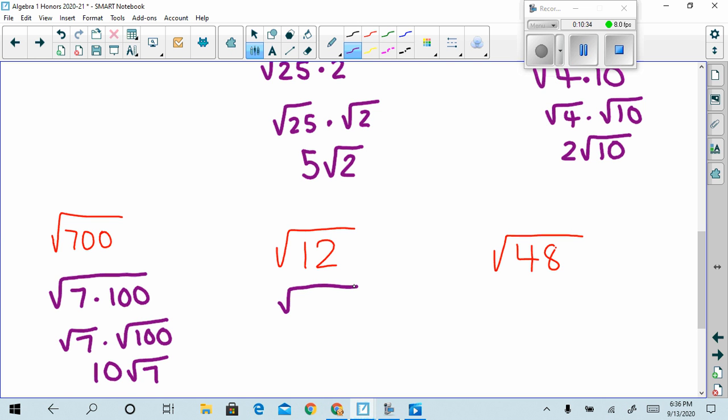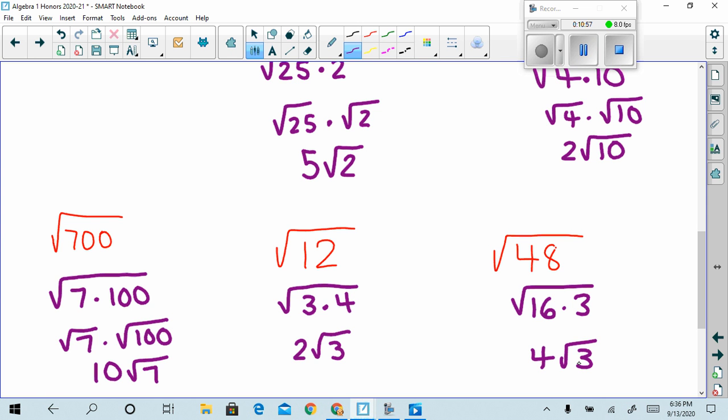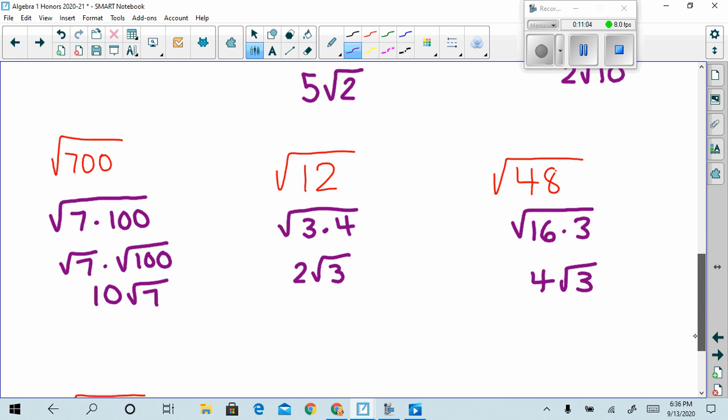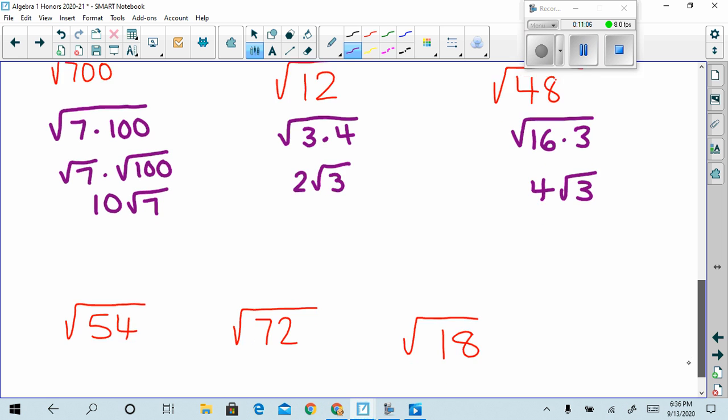Now looking at the combinations of 12, I could look at 2 and 6 or 3 and 4, but I'm going to choose 3 times 4 simply because 4 is a perfect square. 48. After practice, you will know that this is 16 times 3, which is going to give me 4 radical 3. I generally start using some of the same numbers over and over again so that you become comfortable with them and they become sort of second nature to you.